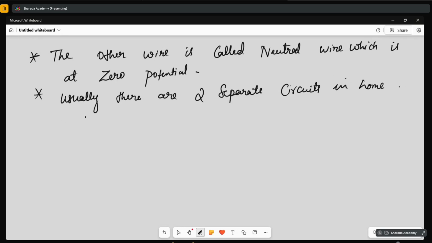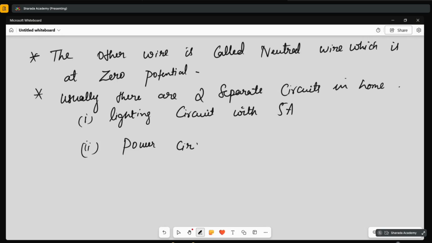First one, lighting circuit with 5 amps. Second one, power circuit with 15 amps.